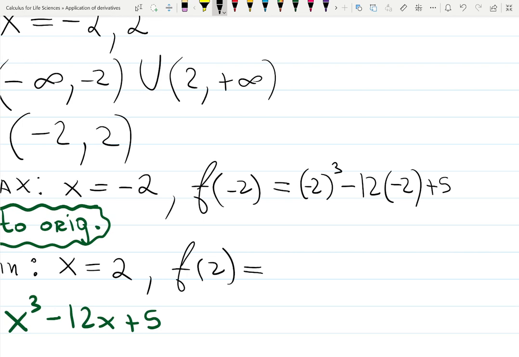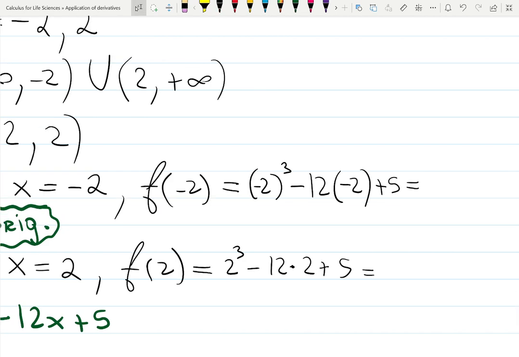Same thing here, 2 cubed minus 12 times 2 plus 5. So the top of the mountain, the maximum, was 21 units high. The minimum was 11 units low.